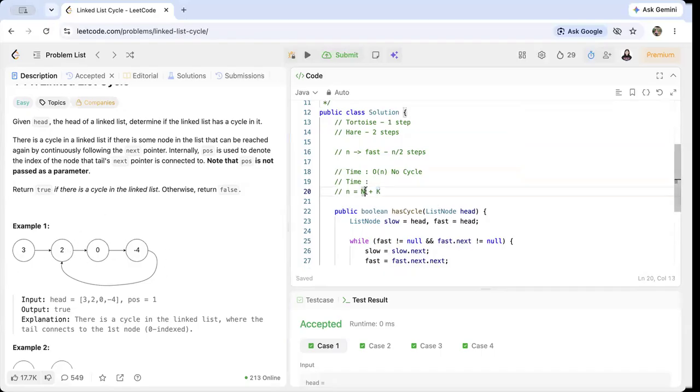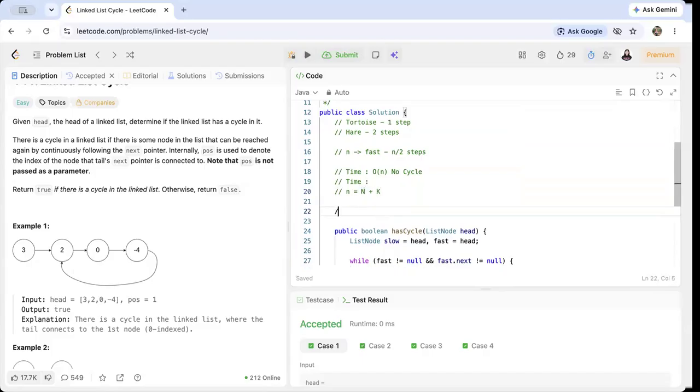My slow pointer will reach the start of the cycle after n steps. What would be the maximum difference between them when they are in the cycle? It can be at most k, correct?